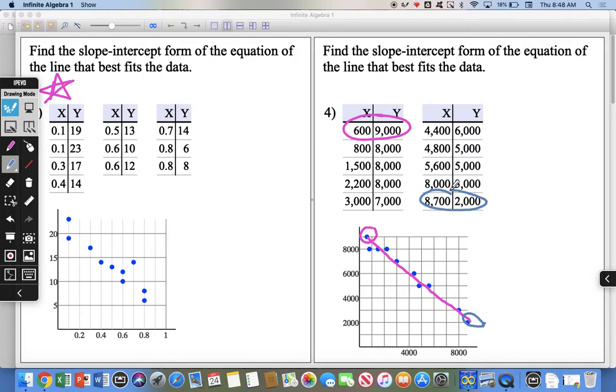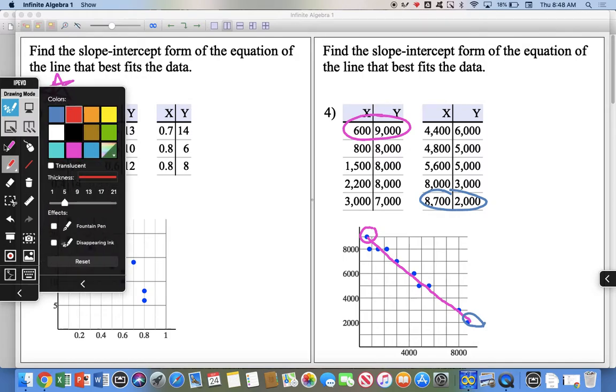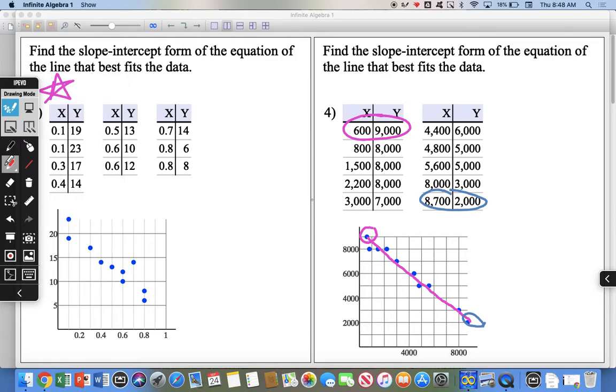So let's figure out change in y over change in x. All right, so for change in y, the y coordinate for the first point is 9,000. But then it goes to 2,000. Is that an increase or a decrease? Decrease by 7,000. So for the decrease, we include a negative, and it's decreasing by 7,000.